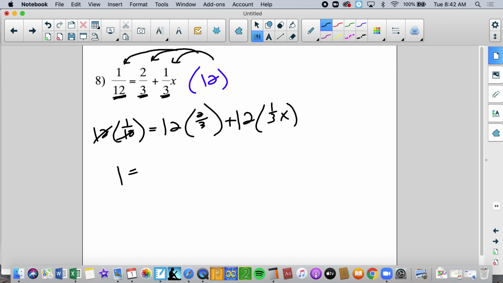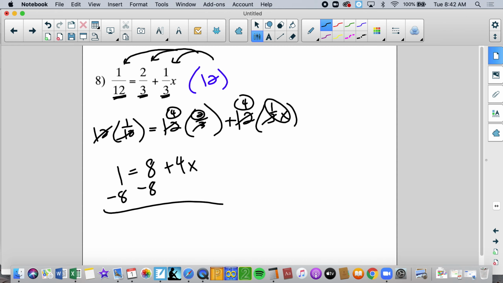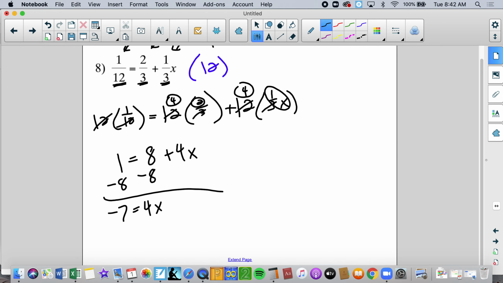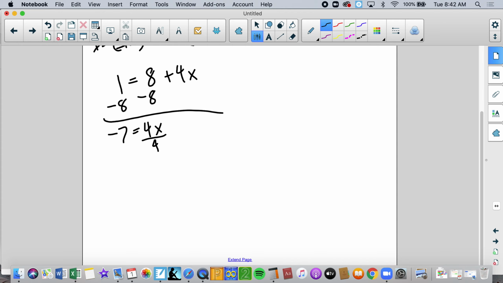You're left with 1. 3 reduces. 4 times 2 is 8. 3 goes into 12 4 times, 1x is 4x minus 8. -7 equals 4x. Divide by 4, divide by 4. -7/4 equals x.